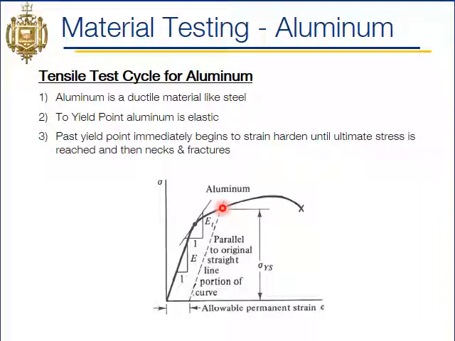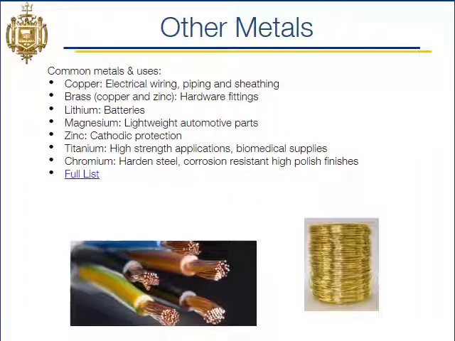So instead of following this curve back down to 0, the material would follow a parallel line to the Young's modulus, and we'd have some new permanent strain in our material here. So that's good to know: if you stress something past the yield point, when you take that stress off, the material will shrink back down and follow the Young's modulus back to a new permanent strain.